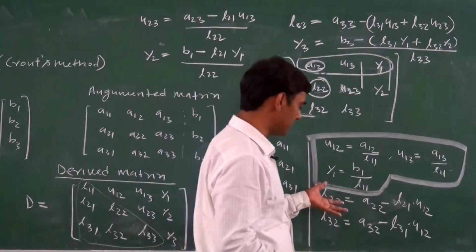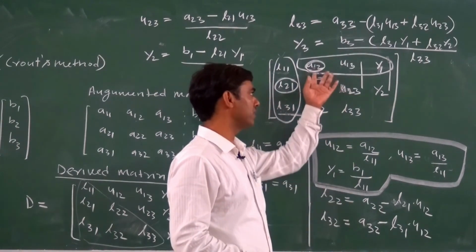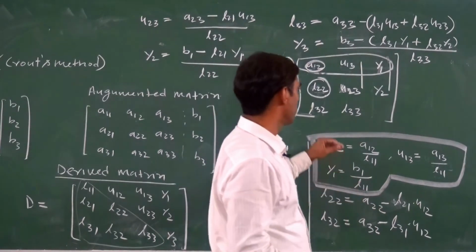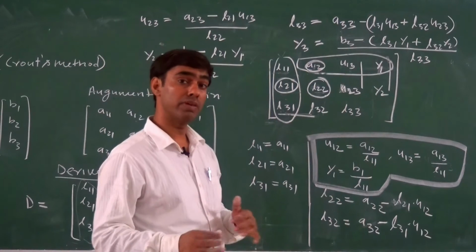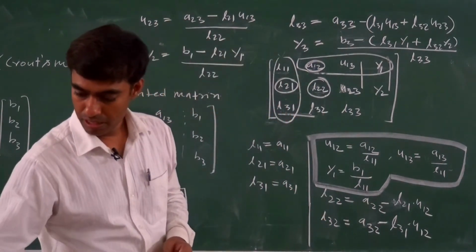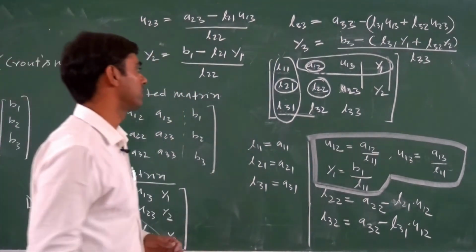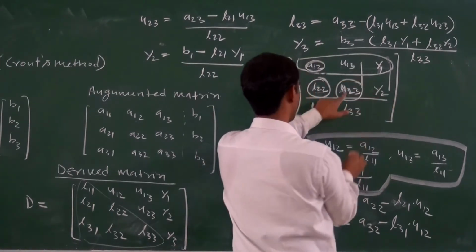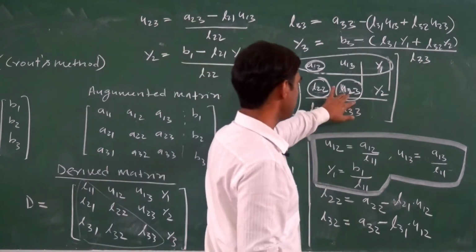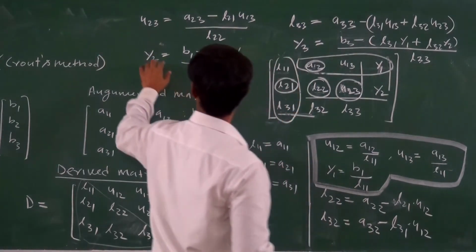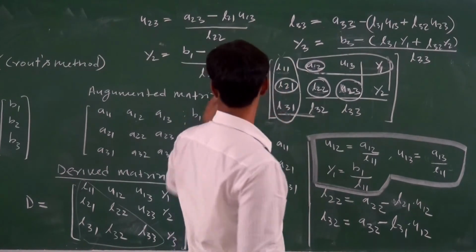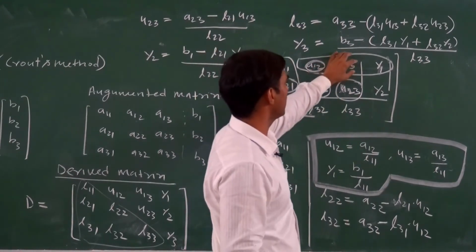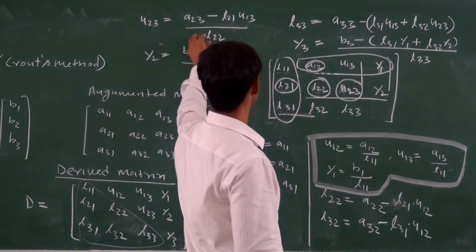Once we find these, there is no need to divide the remaining elements of a column by the leading diagonal element. But to find the remaining elements of rows, we need to divide by the corresponding leading diagonal element. So to find U23, the remaining element of our second row: A23 minus the inner product, L21 and U13, divided by the leading diagonal element L22.